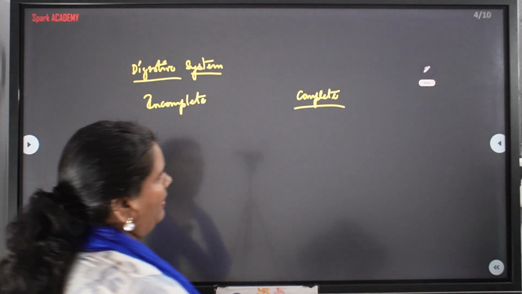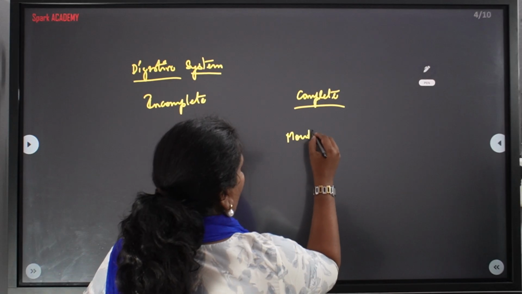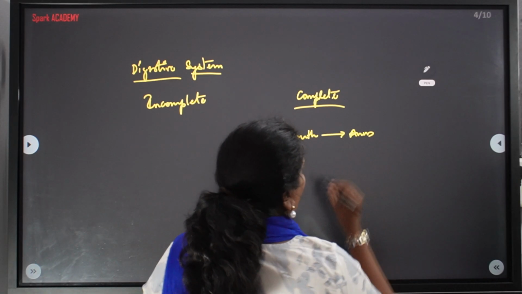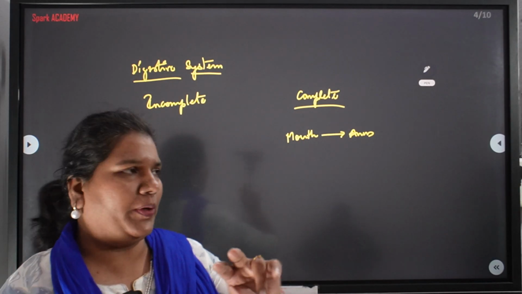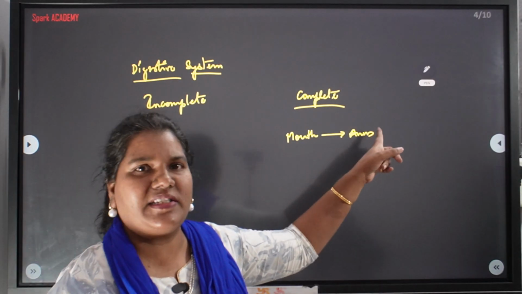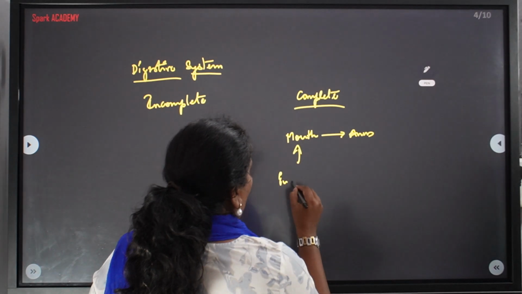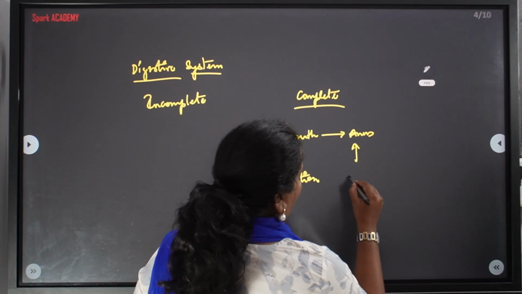Complete ante entamma? Complete ante an animal's digestive system must have mouth, right, and it should have anus. Okay, that means the digestive system which has two openings, one is the mouth and the other is the anus, and through mouth what will happen? Ingestion. That means food is taken through the mouth, and then what will anus do?